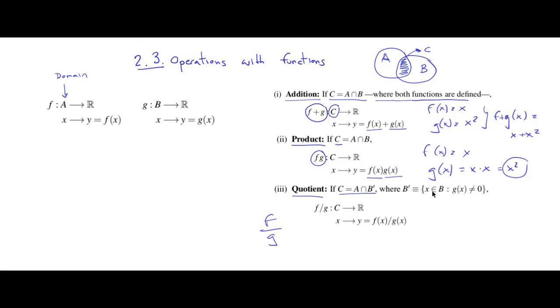So it's the values of x that belong to B such that when they are mapped by g are not 0. Once we have that, the quotient is just, as you would expect, the division of the two values of the function.